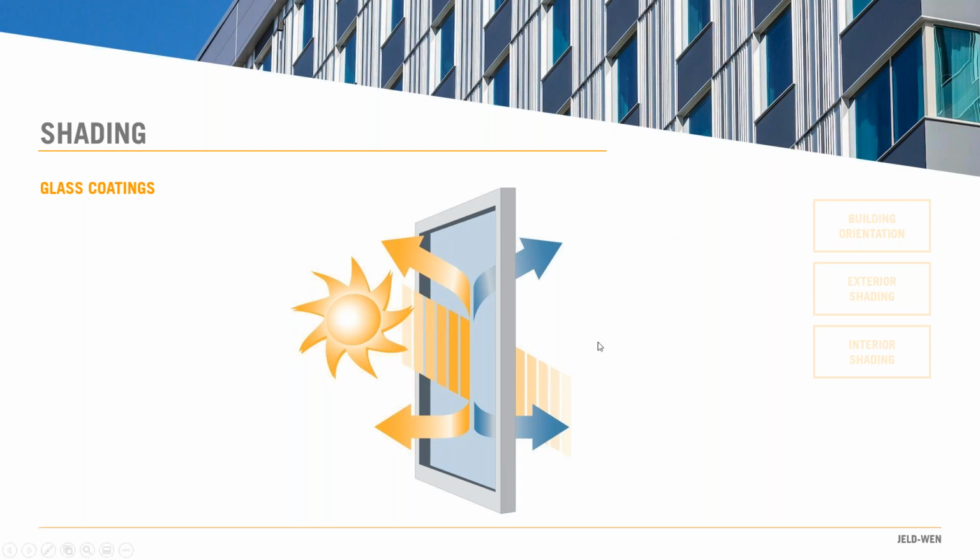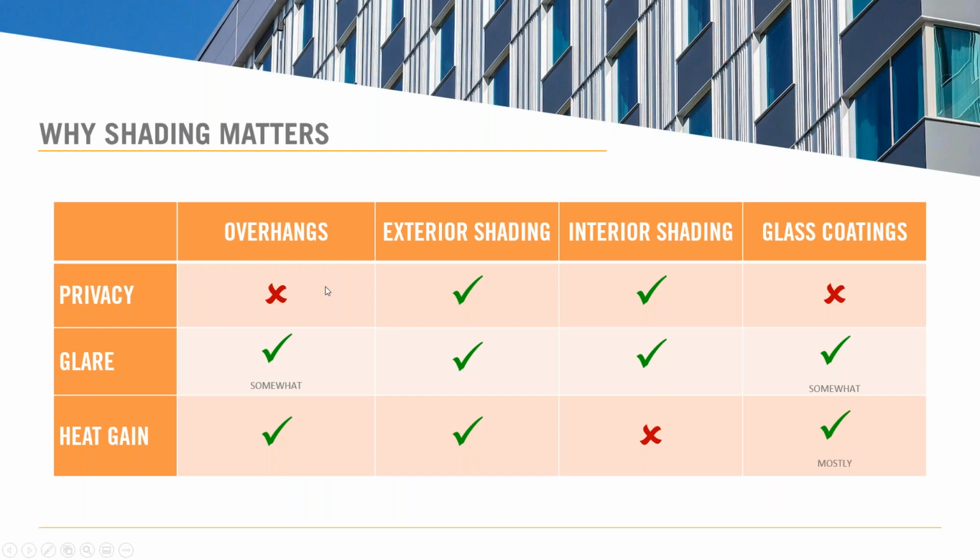So really important, and probably this should be one of the first considerations on your window design. None of these things I talk about in itself, or rarely, is going to be able to address all of these considerations for shading, privacy, glare, and heat gain all at once. So you just have to think about what combination of these things makes the most sense for my project to achieve all of these things.